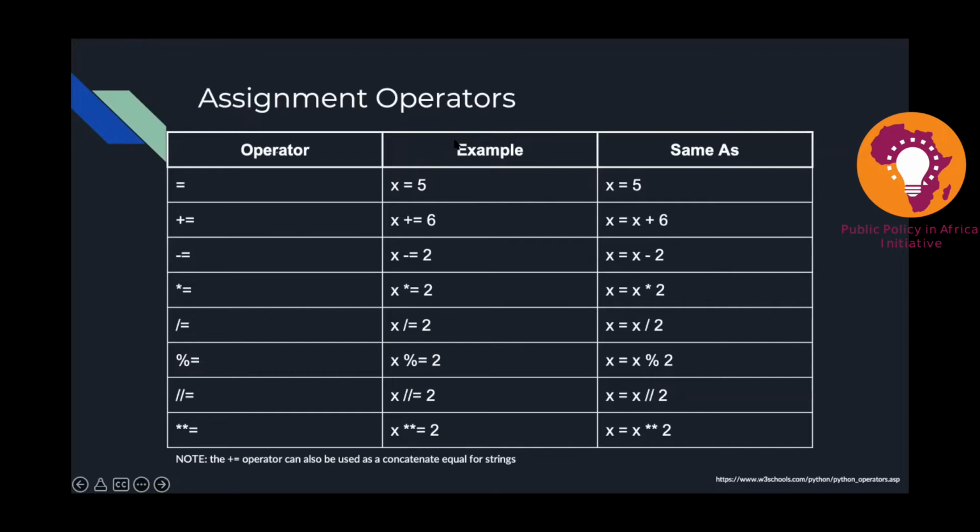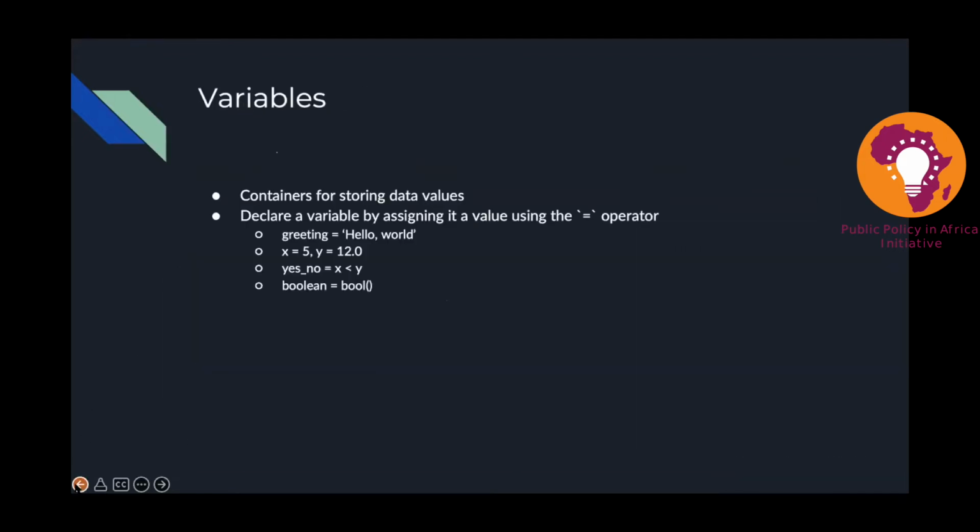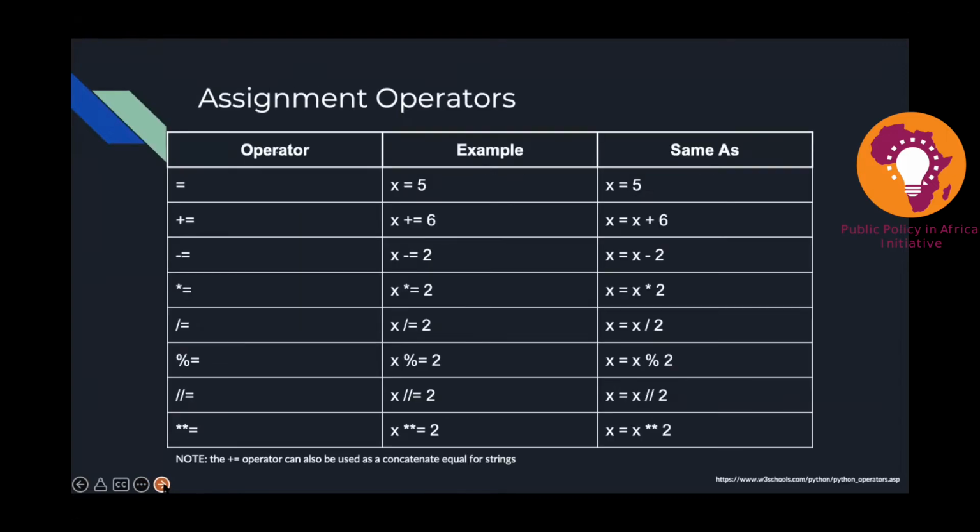If we go back to a previous example, if you remember variables, we did x equal to 5, and that put that inside the box. So that's what assignment is. We are giving x that value, and that's done with the help of this equal to operator, which is known as the assignment operator.